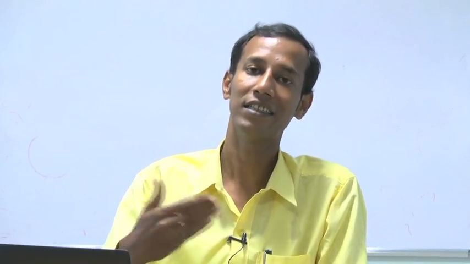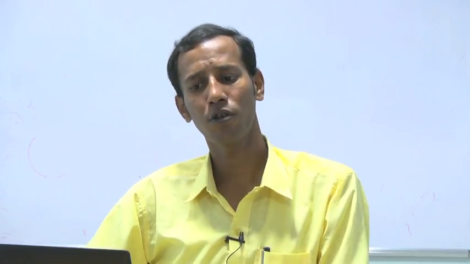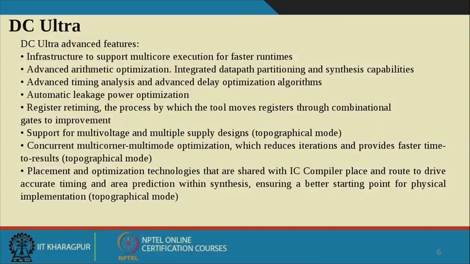By readjusting them, I can improve the delay performance of my circuit. It also supports multi-voltage and multi-supply designs, and multi-corner multi-mode optimization, which reduces iterations and provides faster time to results.